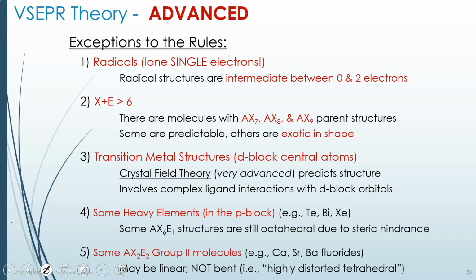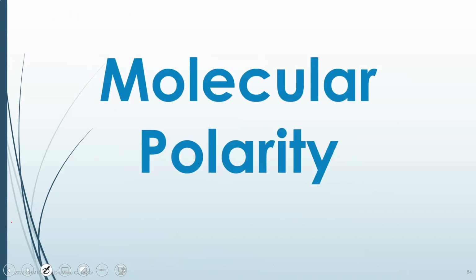And then you can even have some that are AX2E2 made with certain alkaline earth metals like calcium, strontium, barium fluorides. They might not actually be the shape you predicted. None of these are you responsible for. These are all very advanced. Don't worry about any of it. You could skip this completely, and with this, we'll stop here.